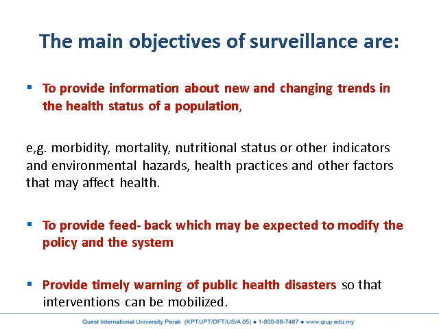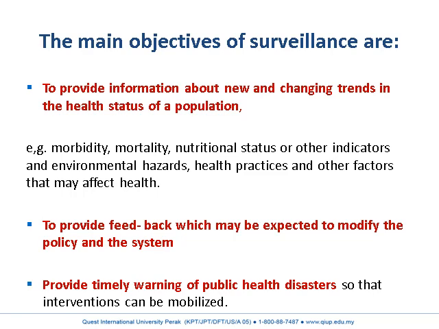The main objectives of surveillance are to provide information about new and changing trends in the health status of a population, such as morbidity, mortality, nutritional status, other indicators, environmental hazards, health practices, and other factors that may affect health.